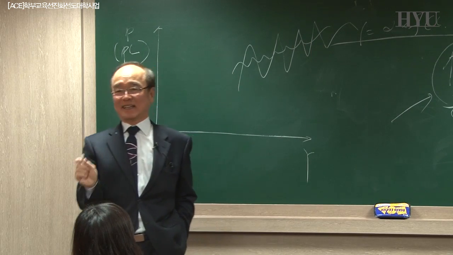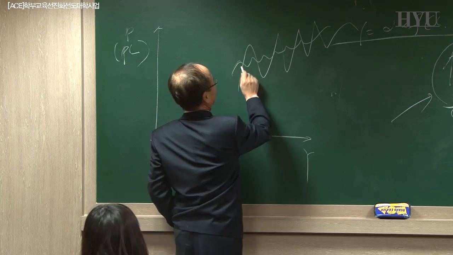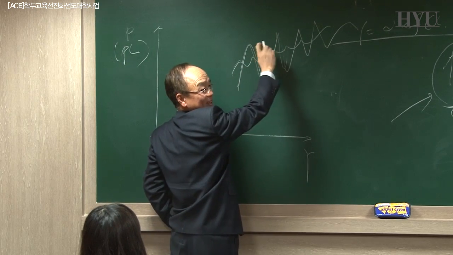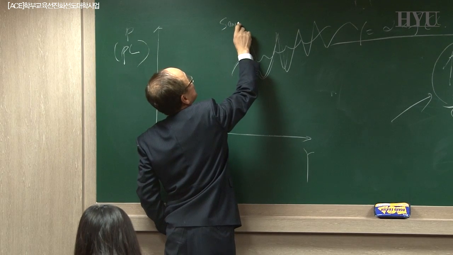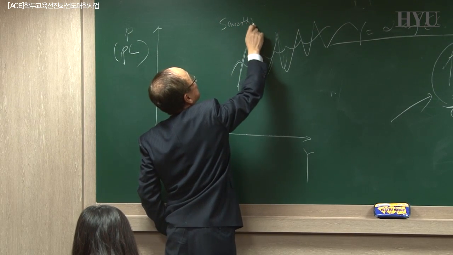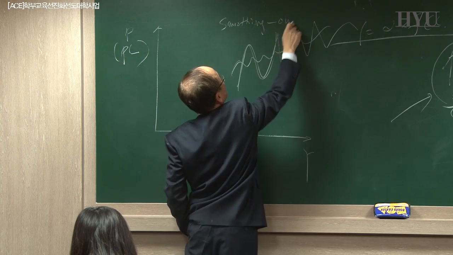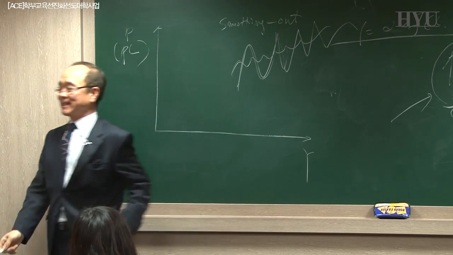Understandable? That's Keynesian economics. This is very highly volatile, right? If you narrow it down, this will be smoothing out. This is the Keynesian concern.